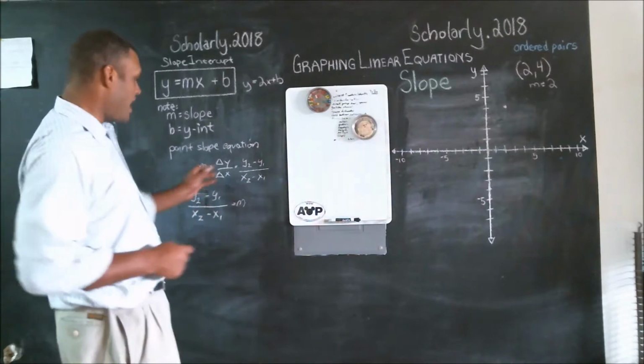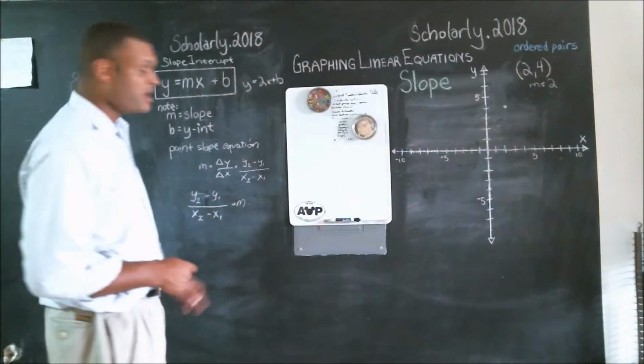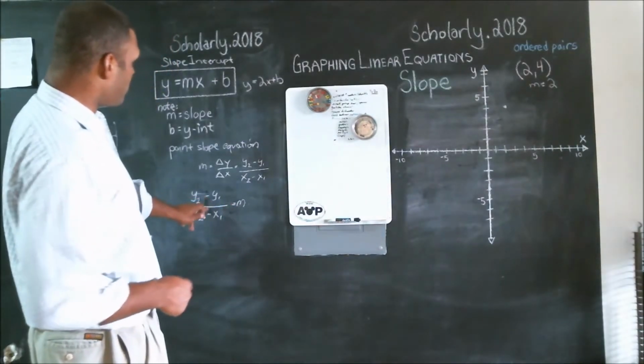The change in y over the change in x equals the slope. So what can we do here? This is really simple. This is nothing but a fraction, right?